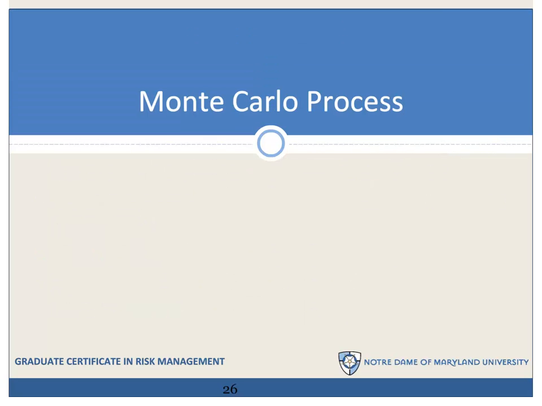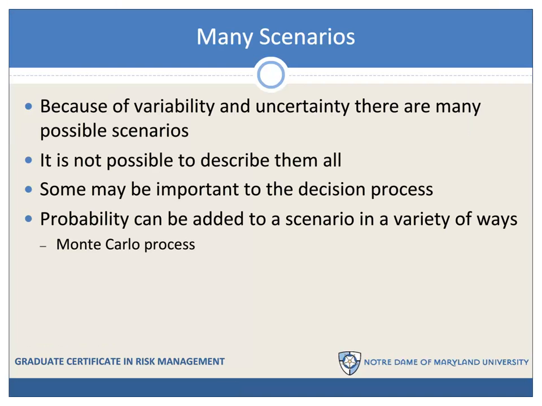We've been talking about scenarios and tools for structuring scenarios, and now we want to move to the probabilistic part of this probabilistic scenario analysis. So we briefly revisit the Monte Carlo process. Because of variability and uncertainty, there are many possible scenarios. The basic plot lines might be relatively limited, and you can structure those with trees or with process diagrams and things.